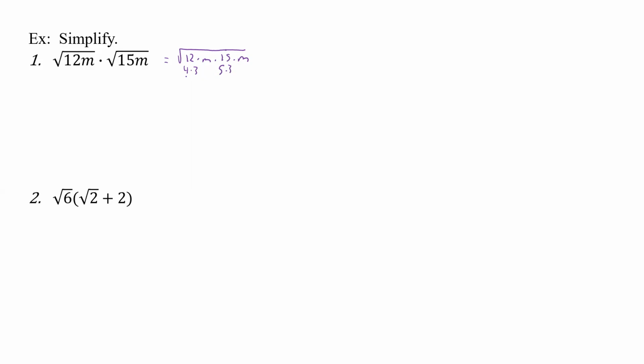Here I see that I've got 4. The square root of 4 we know is 2, because that's 2 squared. And here I have 3 times 3, so that's 3 squared. I've still got m times m, so that's m squared. And then the last thing I have is times 5. So we've broken all the pieces down underneath here. Now we have the square root of 2 squared times 3 squared times m squared times 5.